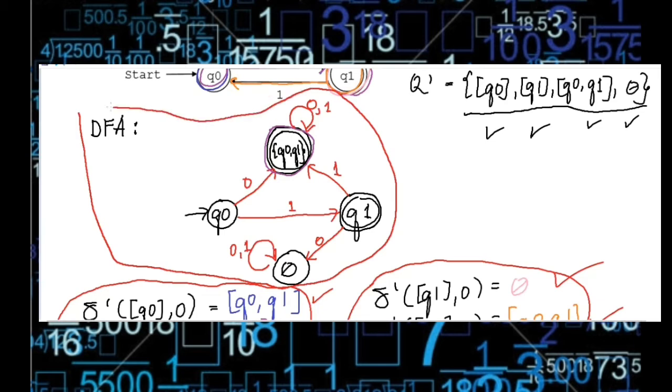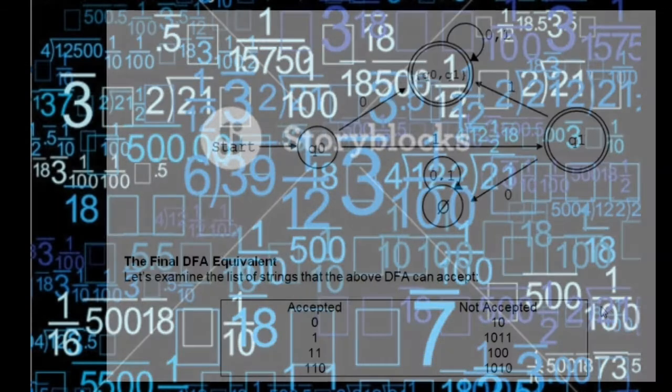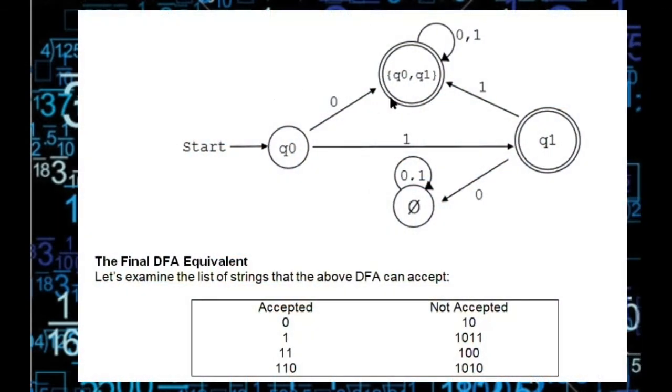So, this is how to construct, how to convert NFA to DFA. Given this final DFA, given this DFA answer, so how are we going to determine the list of strings that this above DFA can accept?